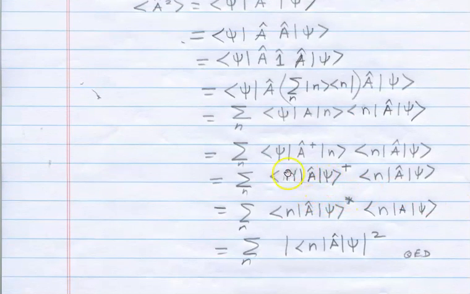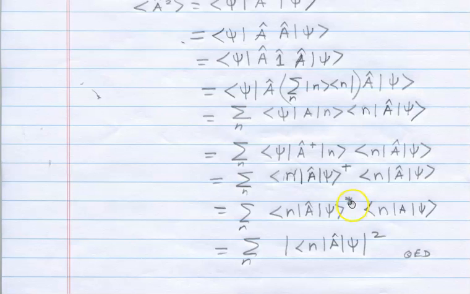And if you look at these, anytime you've evaluated this, these are just complex numbers. A on psi is some state, and when you take the inner product of that with this, you get simply a number. And so the Hermitian conjugate, it should be a complex number. Both of these are complex numbers.